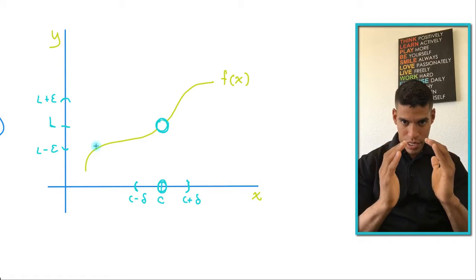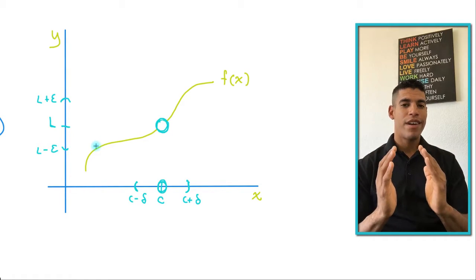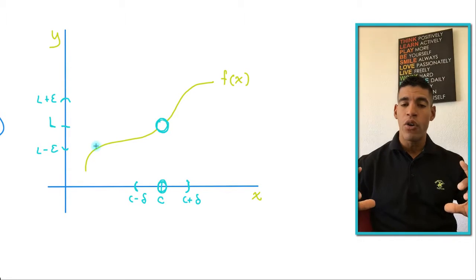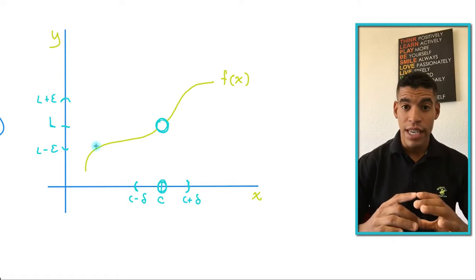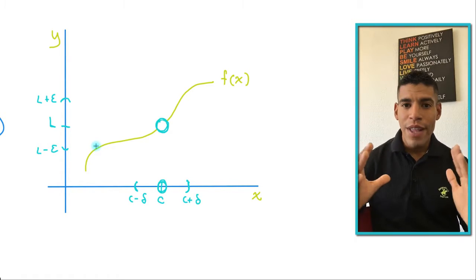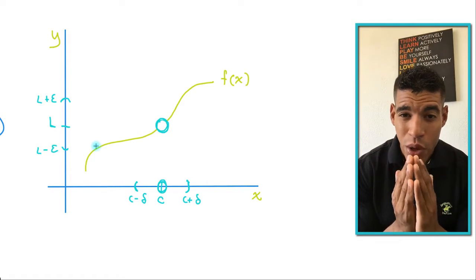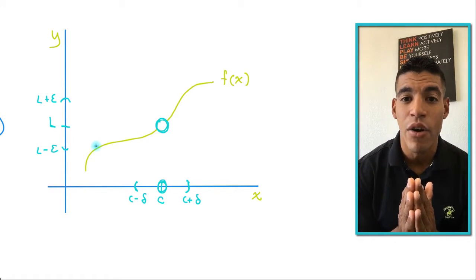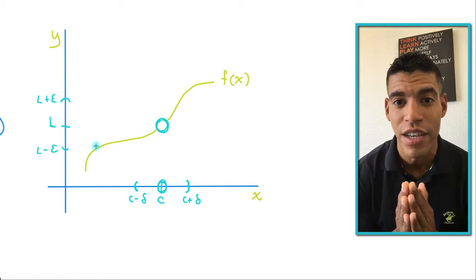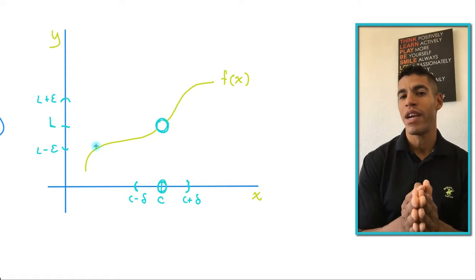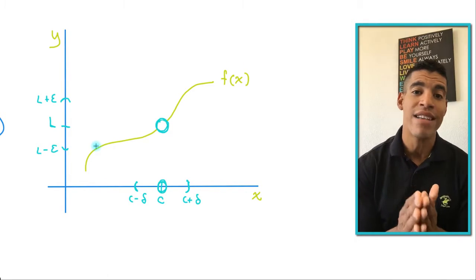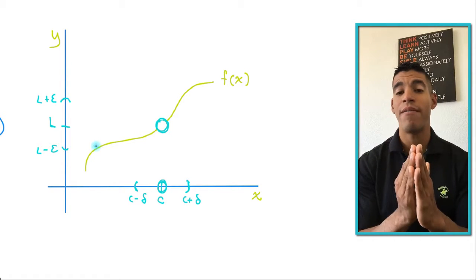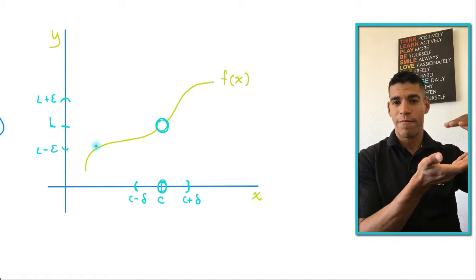Shrink it, shrink it, shrink it, closer and closer to L. Then what you want to happen with delta is that it also shrinks and shrinks closer to c, right? To the point that they're so close that they're almost touching. But because x cannot be c, or it doesn't have to be equal to c, it will never touch c. That's why we've used the inequality less than and not less than or equal, because we want to get closer and closer as possible to that value and on the function.